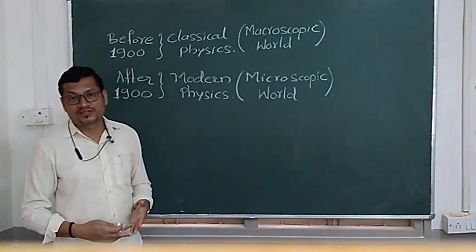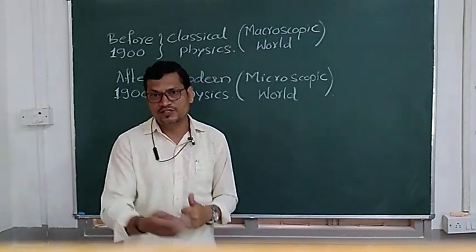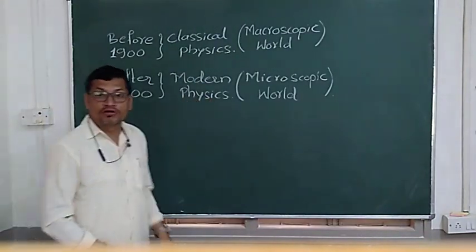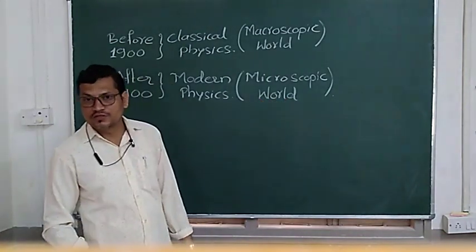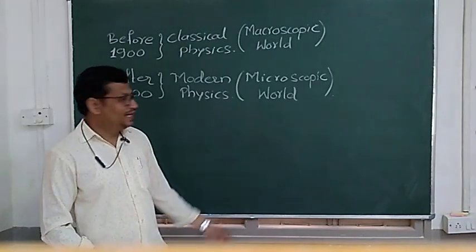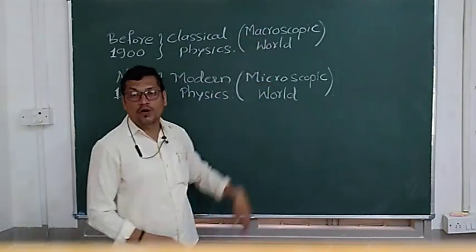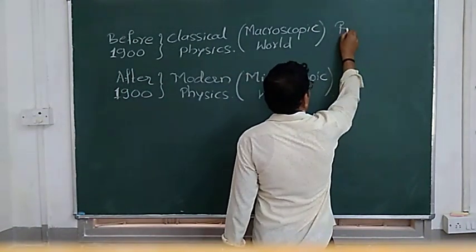Name itself tells, modern means recent physics. That is modern physics. It is also called as quantum physics, and this is also called as microscopic physics or microscopic world. This word is important, micro. This is macro.